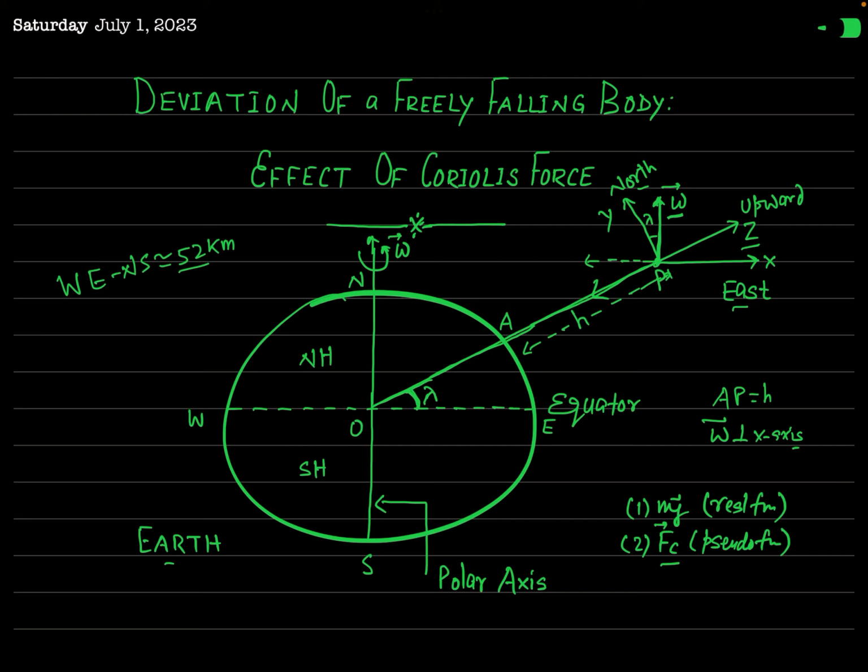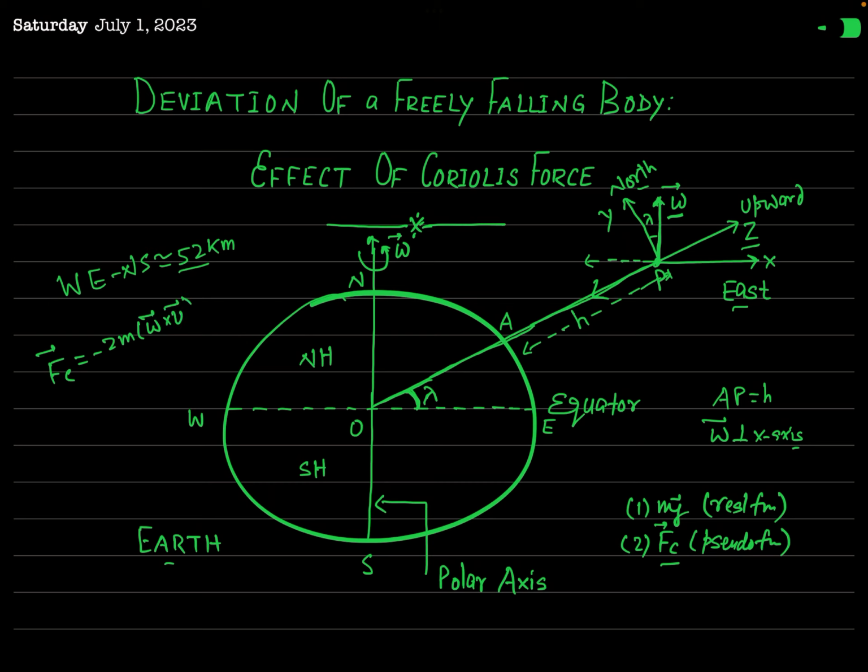Now let us try to find how we can calculate this deviation. For this we will have to calculate the Coriolis force acting on the particle. You know the expression for the Coriolis force we studied in the previous lecture. It is minus 2m omega cross v.